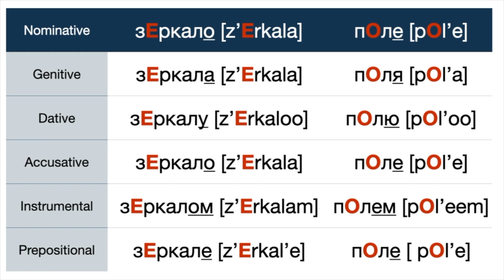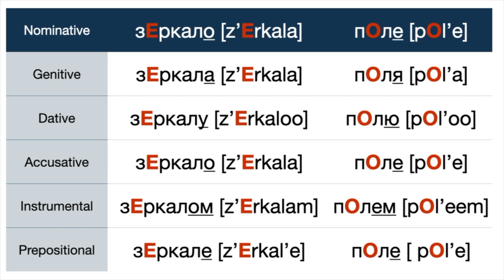Now let's have a look at the endings of neuter nouns that end in o or ye. The first column, зеркало, a mirror. Nominative, зеркало. Genitive, зеркала. Dative, зеркалу. Accusative, зеркало.